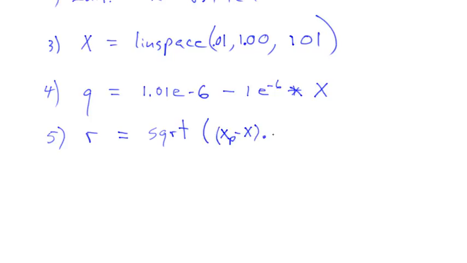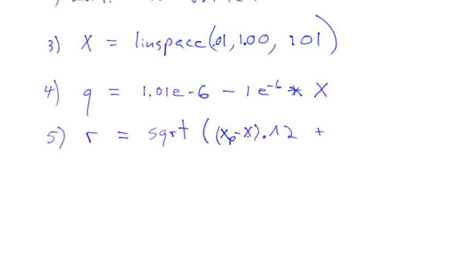I think I've got to go dot power 2 because it's an array. I've got xp as a single point, but I subtract each value of the array x. I'm going to have 100 different expressions for xp minus x. That's an array, and I want to square that on an element by element basis.